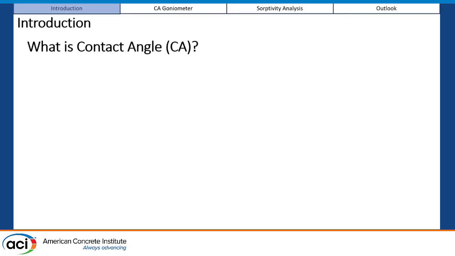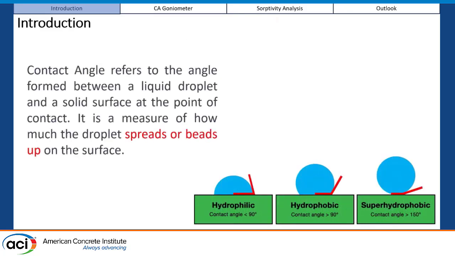So what is contact angle? If I place a single drop on the surface of cement paste, at the ternary phase where we have gas, liquid, and solid, if I draw the tangent line and read this angle, it's called the contact angle.